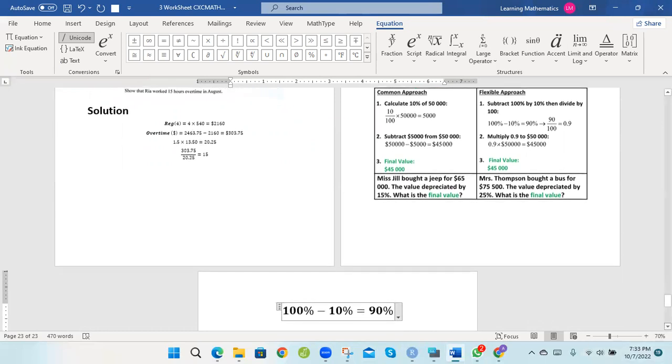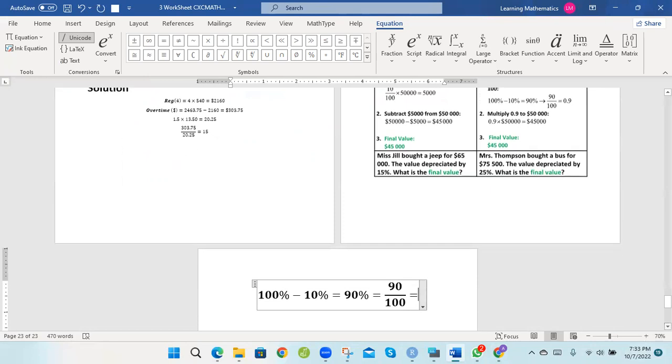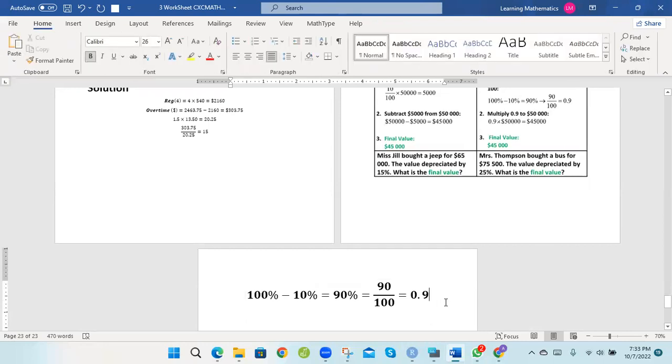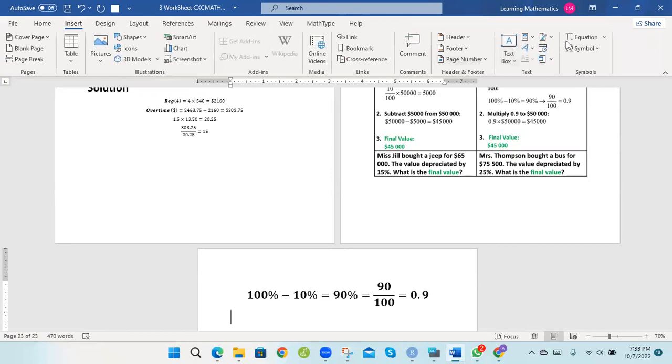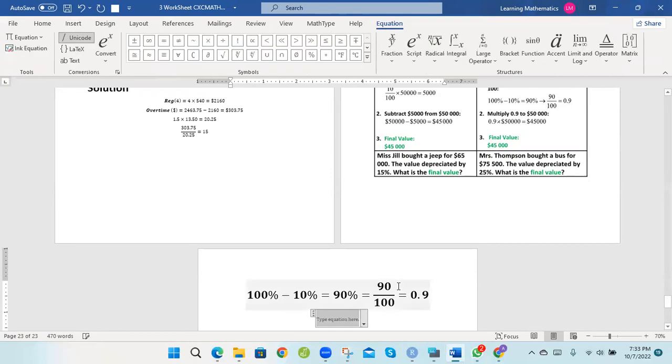90% is the same as 90 divided by 100, because that line and two circles just transform it to 100, and you divide by 100, you get 0.9. And because we find the future value, we multiply 0.9 by 50,000.